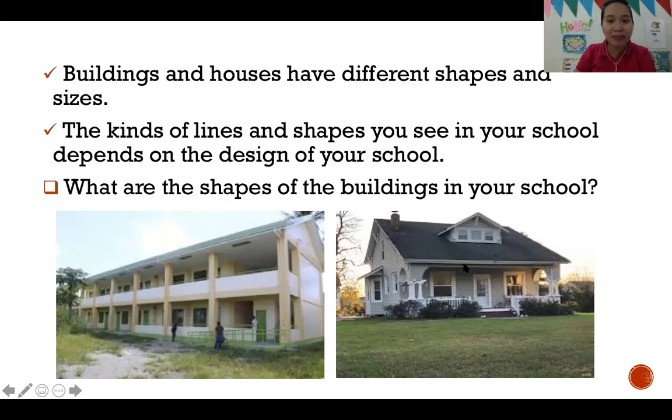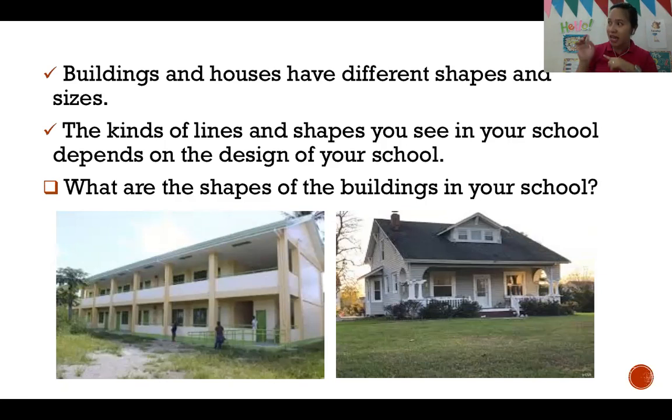Now, for houses, you rarely see this kind of house here in our country. Usually, our houses here have a different design. But all in all, the buildings and houses have different designs and shapes. So, it depends on the design of the school.